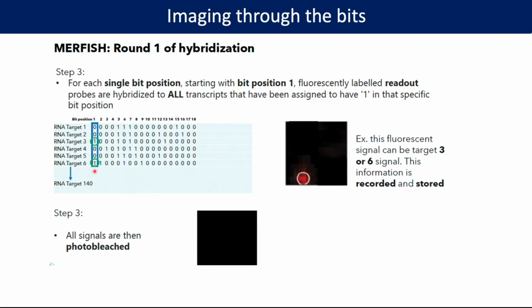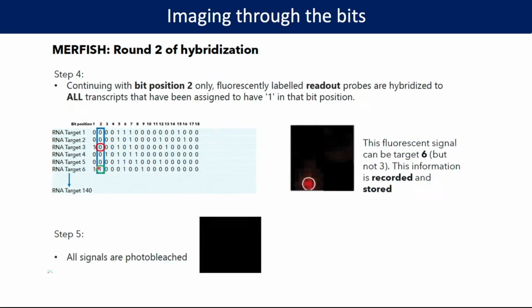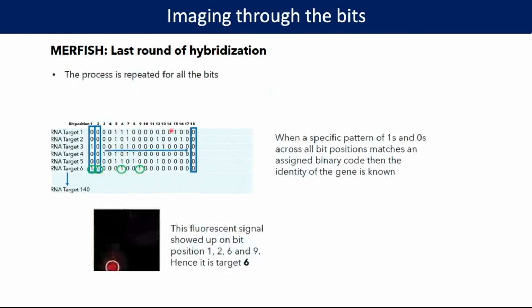And after this imaging round, which goes across, of course, the entire tissue section, afterwards all the signals are photo-bleached. And then we go to the next round, or the instrument does, of course, automatically. And then again either signals or no signals are recorded, photo-bleaching takes place, and all of this is done automatically on the machine.